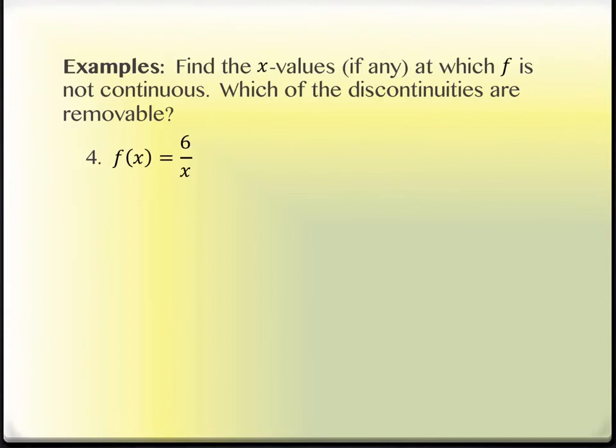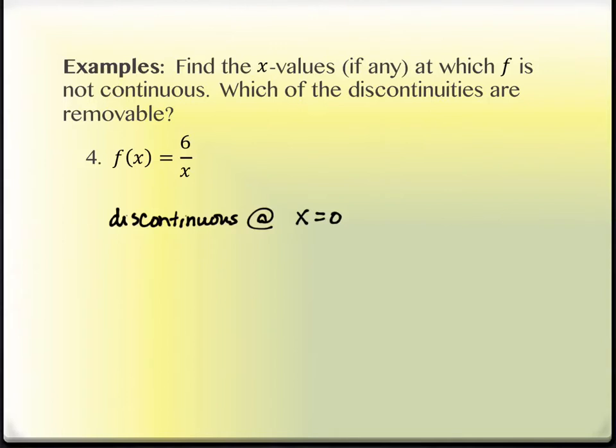Yeah. So it's discontinuous at x equals 0. And you know what's happening at that value, because this is not an unfamiliar function to you. What's happening at 0 on this? Is it a hole or is it an asymptote?